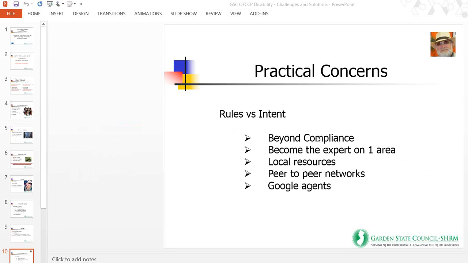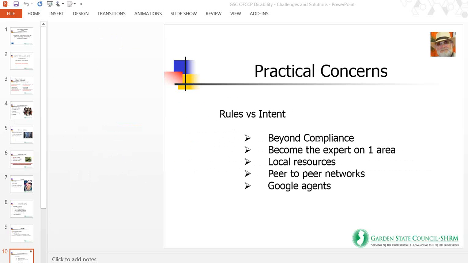More and more I'm seeing that the companies who are at the lead in this area are also focusing on becoming expert in one area of disability. So whether it's someone who's mentally challenged, someone who is autistic, someone who is disabled from a wheelchair point of view, someone who can't see, someone who can't hear.